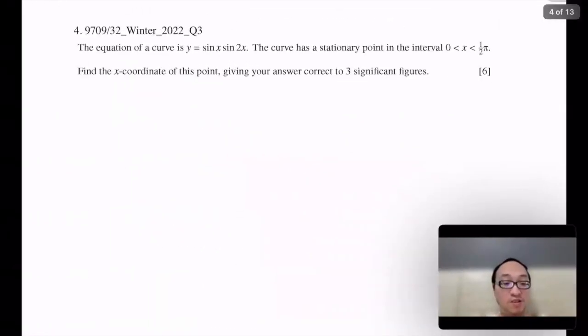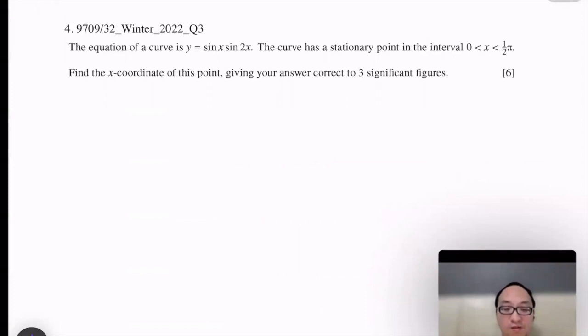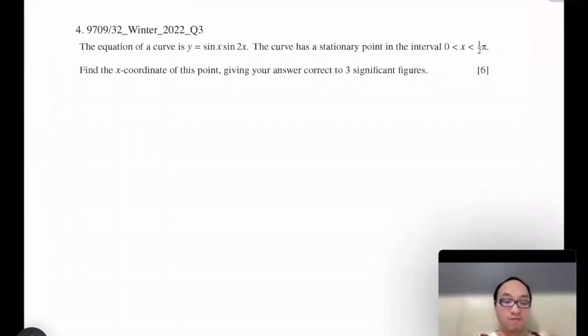Continue to number 4. The equation of a curve is y equals sin x sin 2x. The curve has a stationary point in the interval 0 less than x less than half pi.